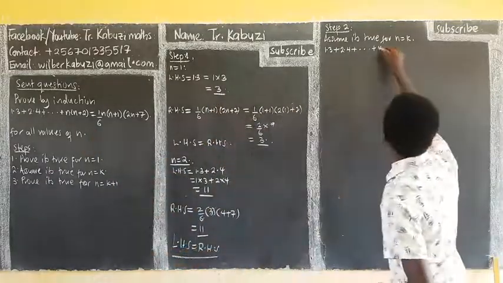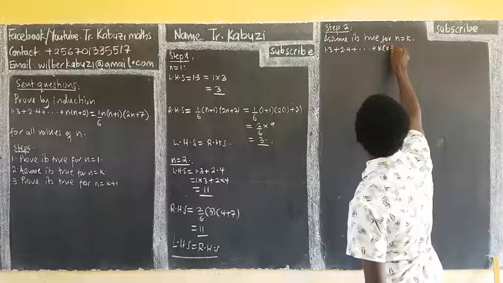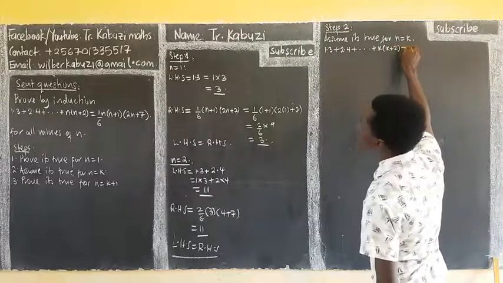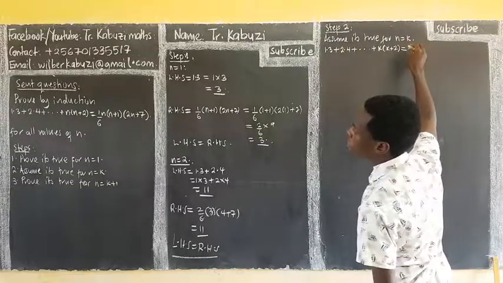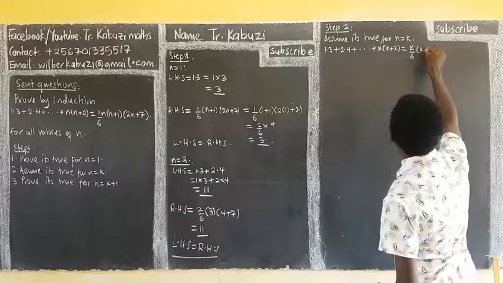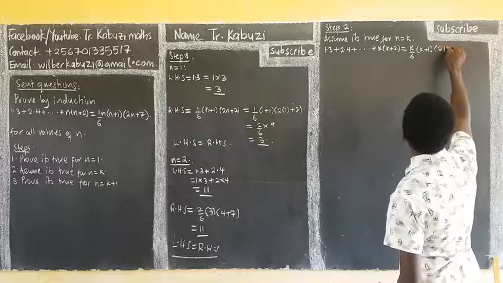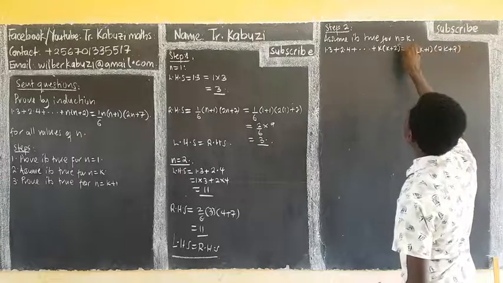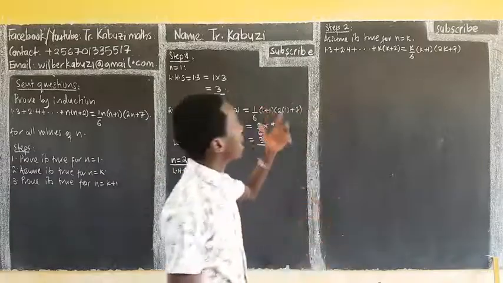So now I have k plus 2, the whole of this is equal to k over 6 into k plus 1, then into 2k plus 7. So when n is equal to k, where there is n, we put k. Now this is an assumption step.